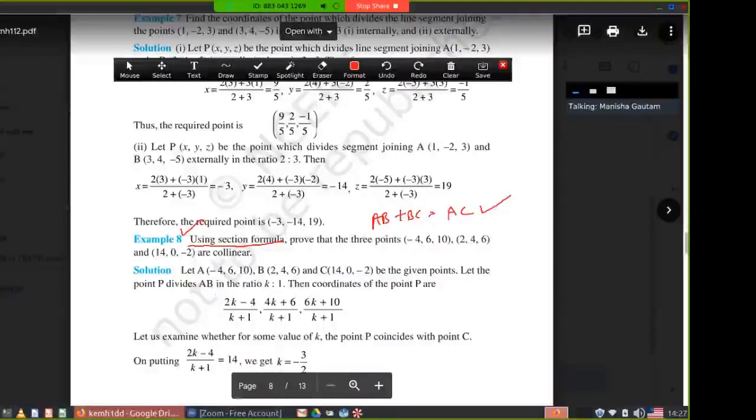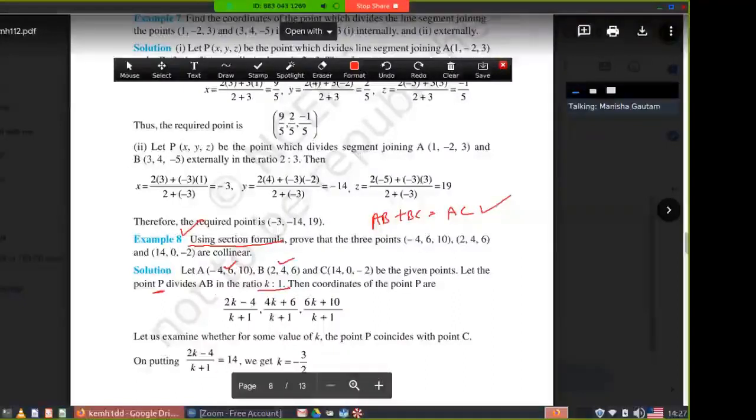Suppose A and B are the points, and these are divided by any point P in the ratio K:1. You can take B and C points, or C and A points. You can take any 2 points.